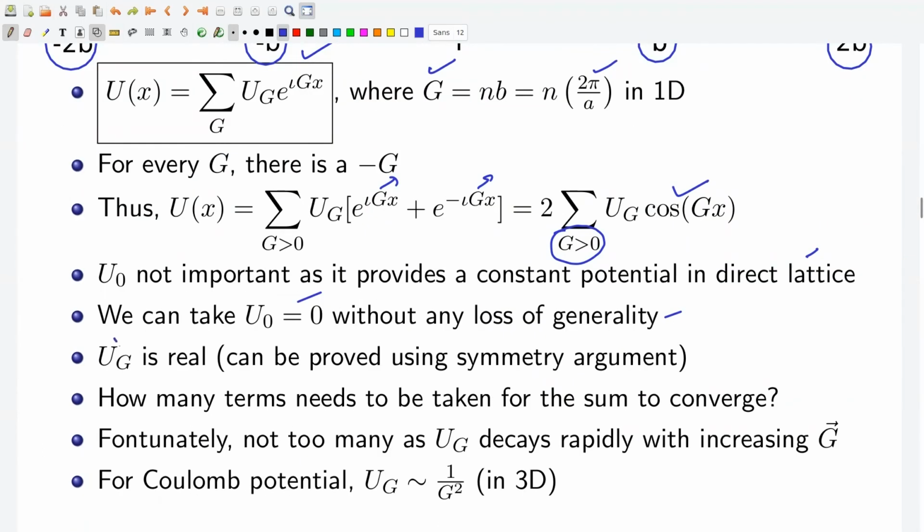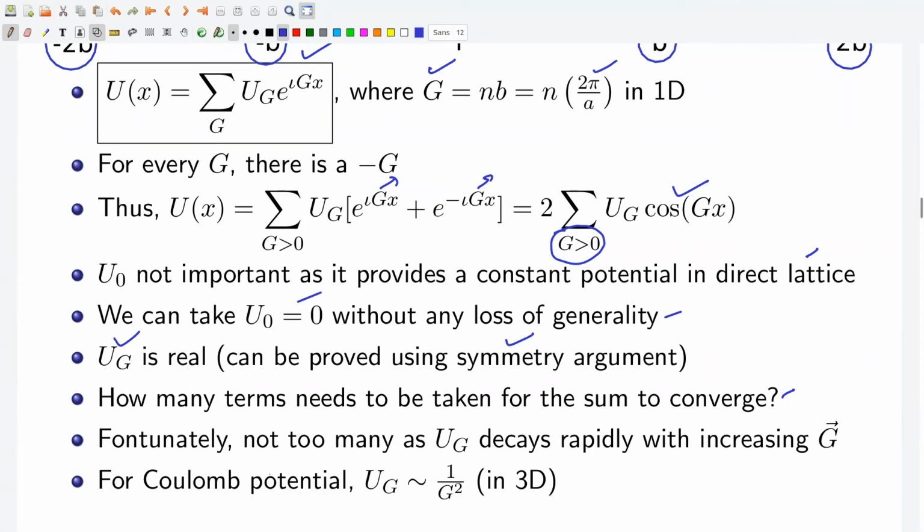Note that u of G is real. This can be proved using symmetry argument, but I shall skip the proof. There are many G points. How many do we need for the sum to converge? Fortunately, not too many, because as G increases, u decreases rapidly.